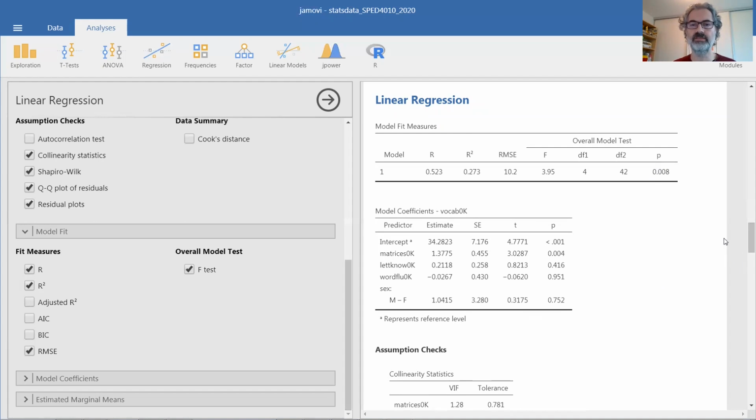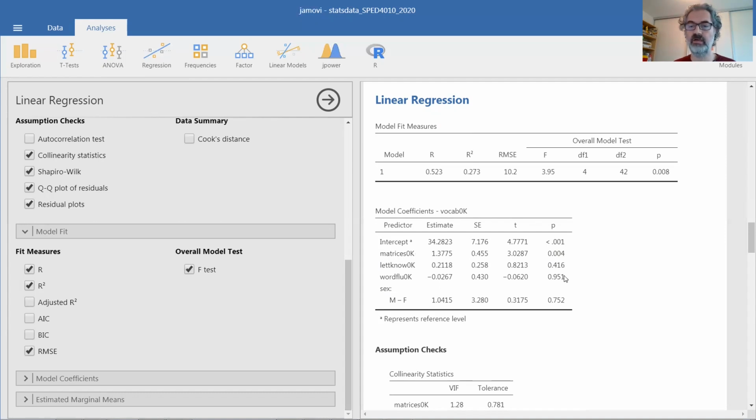However, not all predictors are actually useful here. If we look at the individual slopes, these are the estimates for the individual slopes, and these are the p-values for them. We see that only the slope for non-verbal ability is statistically significant. Letter knowledge, word reading fluency, and sex do not seem to add anything to the prediction of vocabulary in kindergarten once you've already used the value for nonverbal ability.